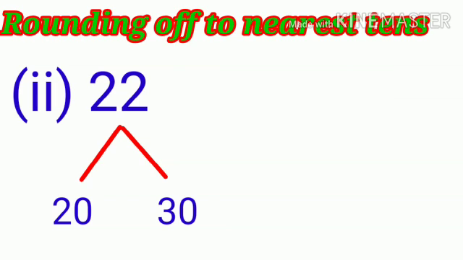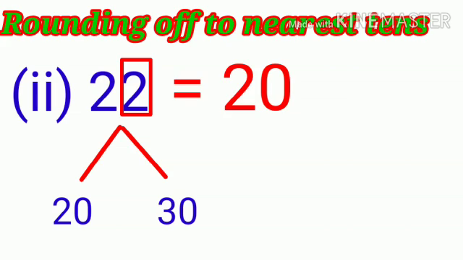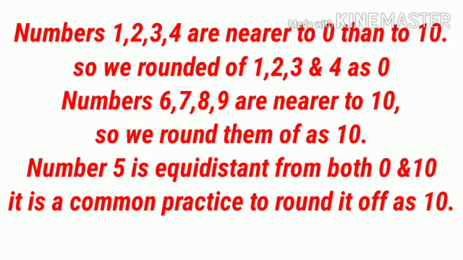Next we will take the number 22. If rounded off to tens, that means 20 or 30. Here 2 is less than 5. So we will round off to the previous 10, that is 20. We see that the numbers 1, 2, 3, 4 are nearer to 0 than to 10.